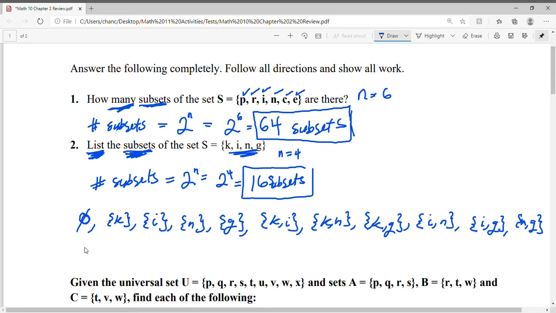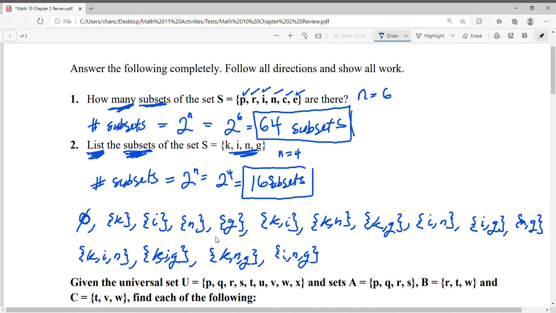Now we'll look at the sets with 3 elements in it. KIN is one we can make. We can also do KIG, KNG, ING.